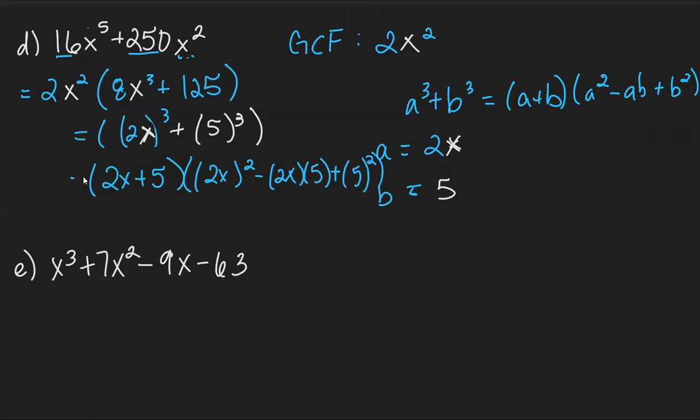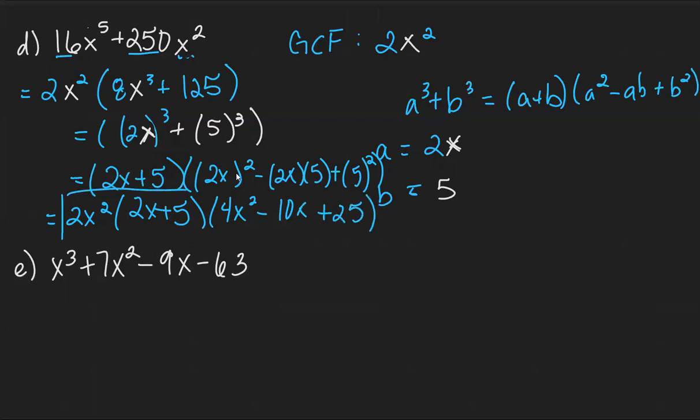Okay, and don't forget the 2x squared in the front. Let's attach that. So 2x squared times 2x plus 5 times 2x squared, that's 4x squared, minus 10x plus 25.